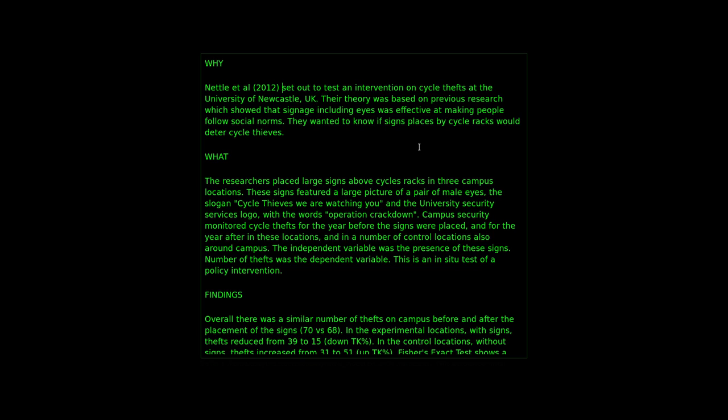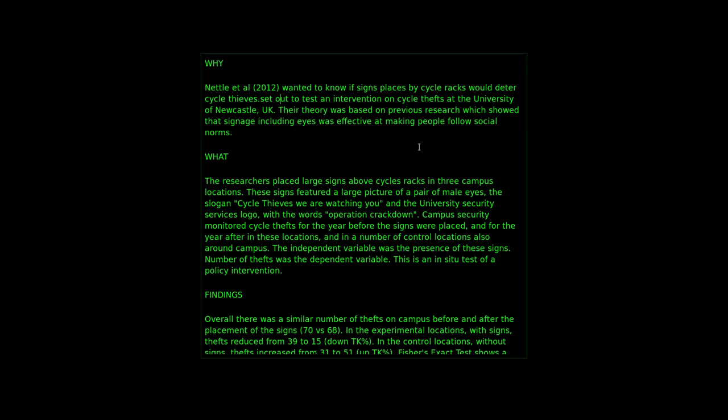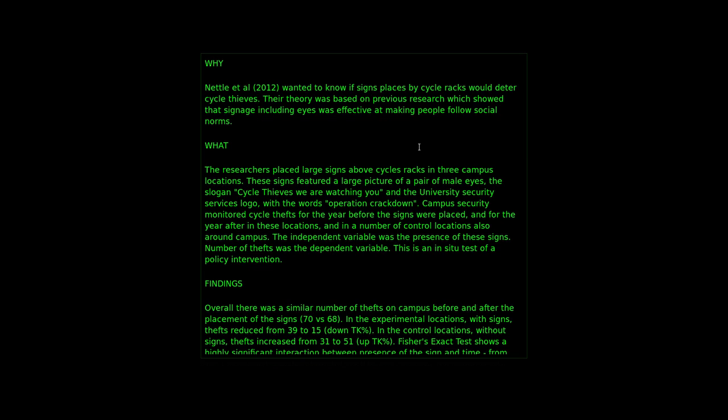Okay, this is duplication. So rather than say was effective at making people follow social norms, the signage including eyes encouraged social norm following.